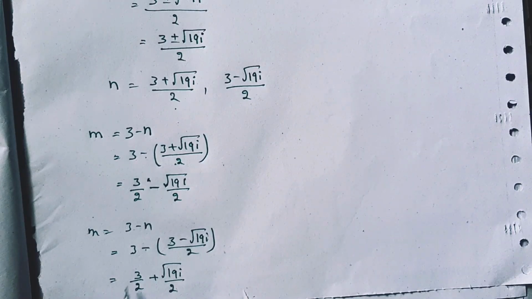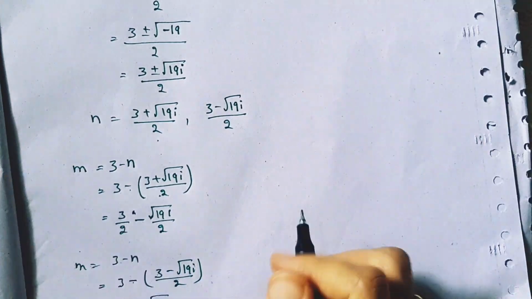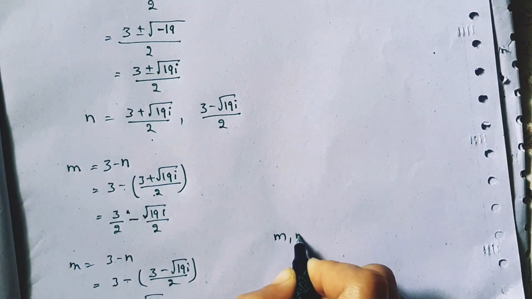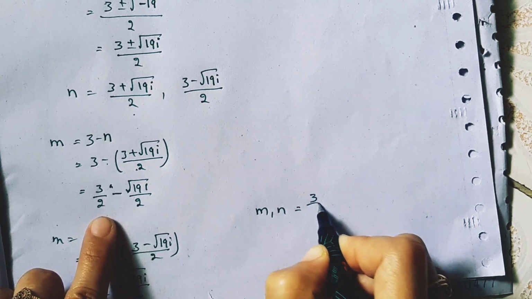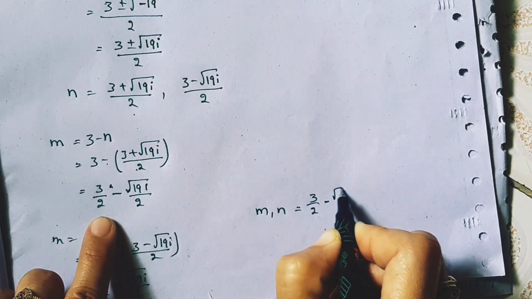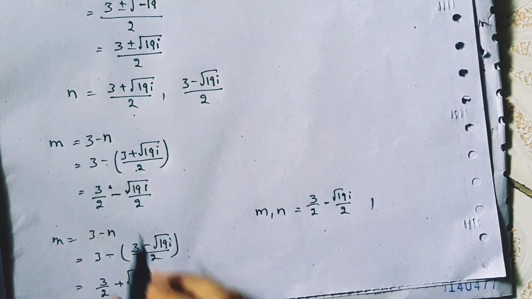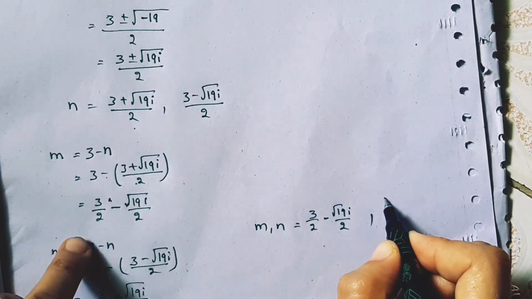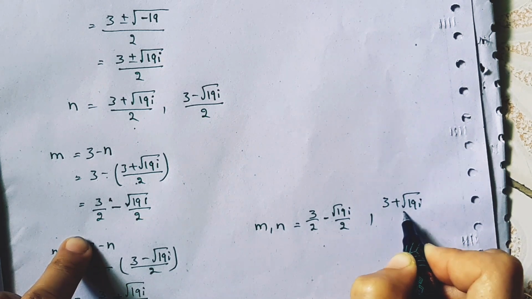Here we'll get two values for m comma n. So what is the value of m? First is 3/2 minus square root of 19 i by 2, and the n value is 3 plus square root of 19 i by 2.